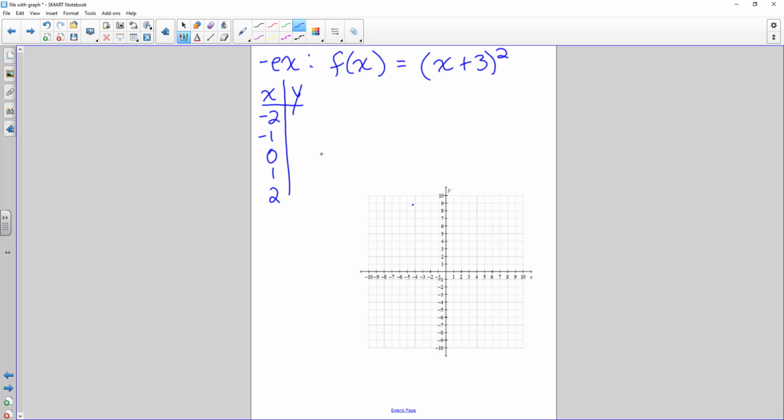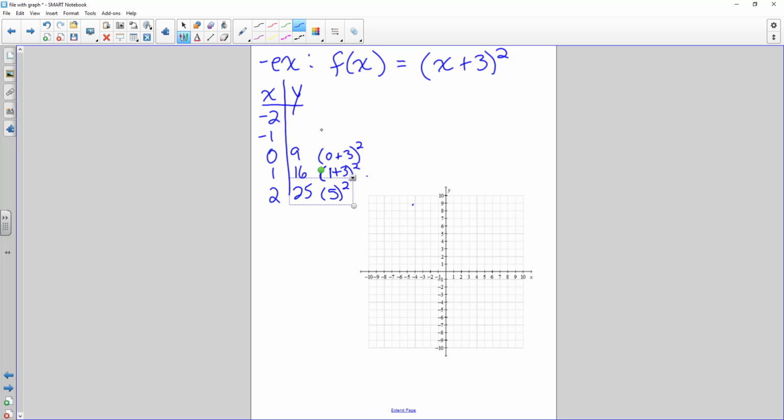If I plug in 0, I have 0 plus 3 is 3, squared is 9. 1 plus 3 is 4, squared is 16. These seem to be a lot bigger numbers. 2 plus 3 is 5, squared is 25.